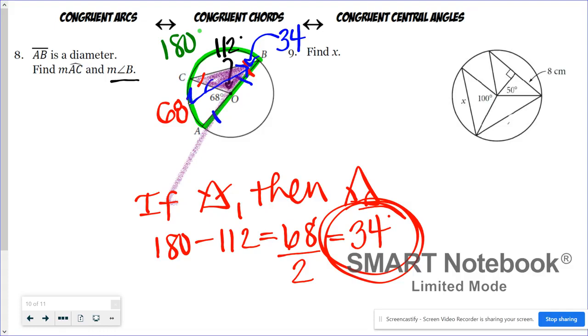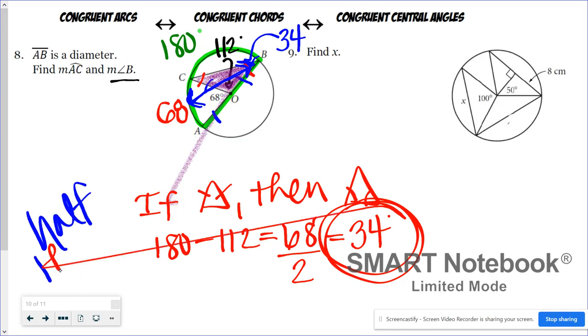So do you see a connection between the 68 degree arc and the 34 degree angle? Any of you thinking it's half the arc? Yeah. Angle B is half the measure of arc AC.